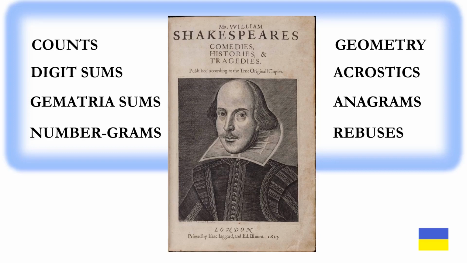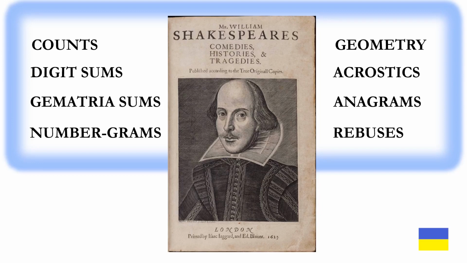We have numbergrams, we have geometry, acrostics, anagrams, and rebuses. Of these 8 items, only acrostics, anagrams, and rebuses are subject to literary interpretation because counts, digit sums, gematria sums, numbergrams, and the angles measured by geometry are all objective. They are data points.